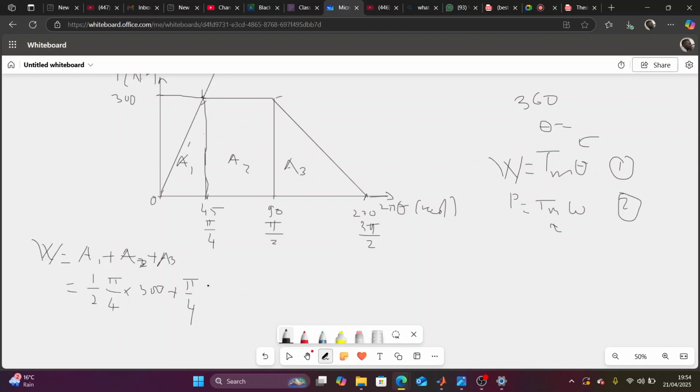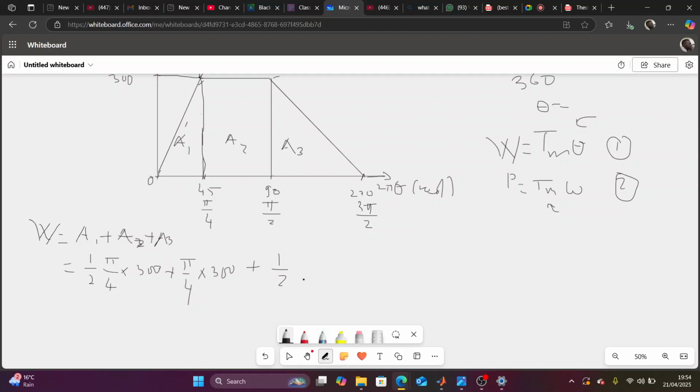So what is the height? The height is still 300. Plus, on the third triangle, it is half the base. What is the base? 270 minus 90, 3 pi over 2 minus pi over 2. What is that angle? I think it has to give 180.